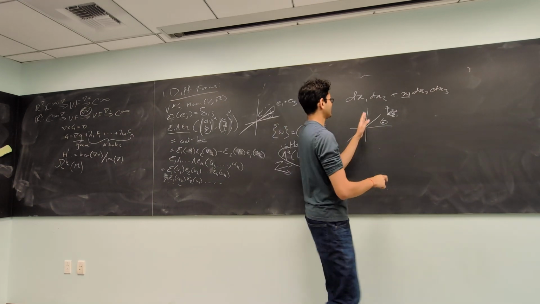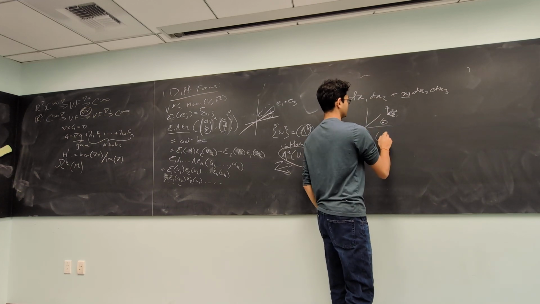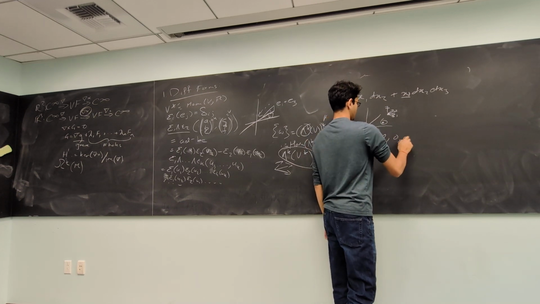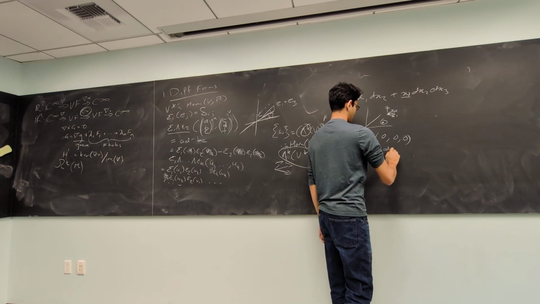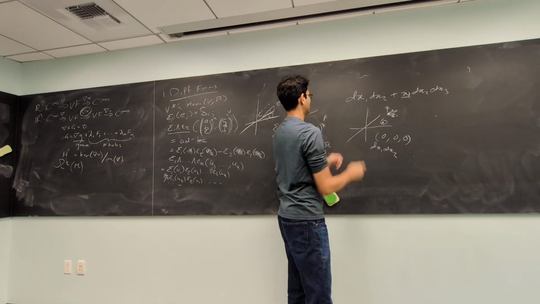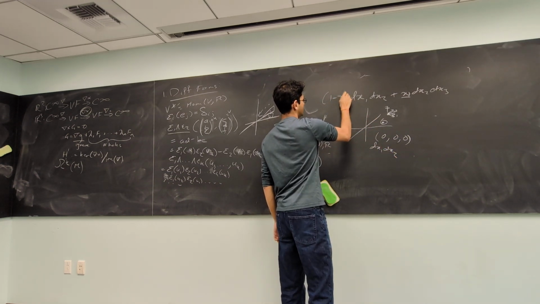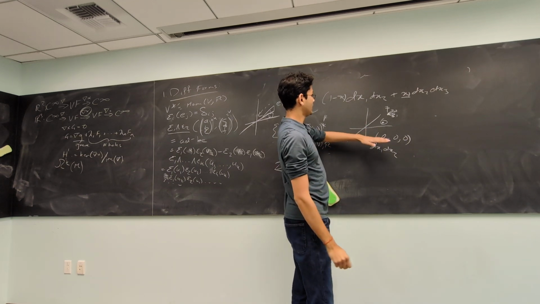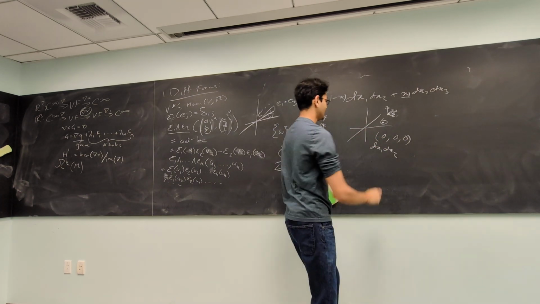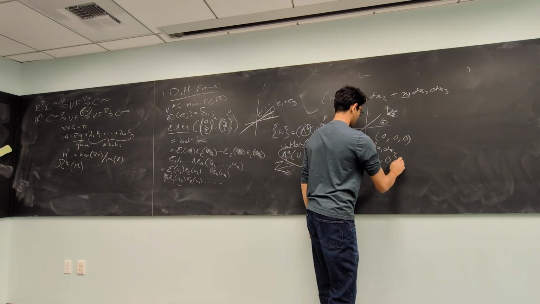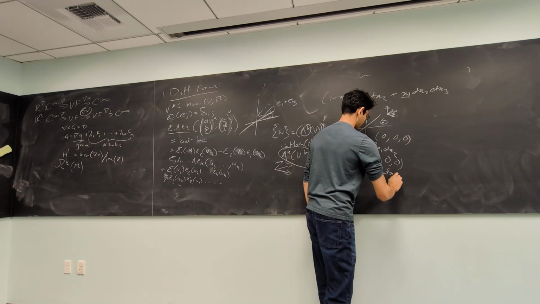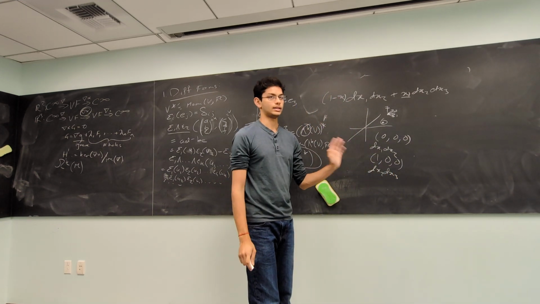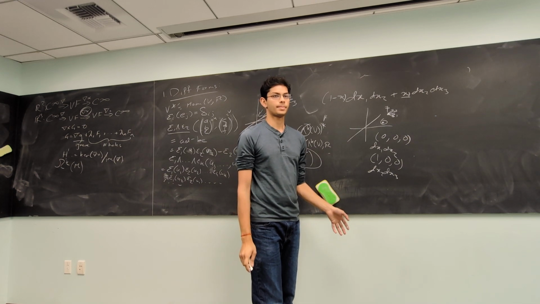So for example, if you're looking at the point 0, 0, 0, then this would become dx1 dx2, and it's computing the area inside, let's say this is 1 minus x1, okay? So it's computing the area inside the x1, x2 plane. But then at the point 1, 0, 0, this is going to be dx2 dx3, so it's computing the area in the yz plane. Does that make sense?